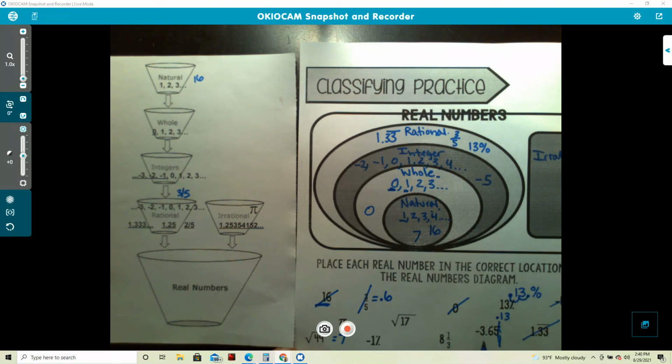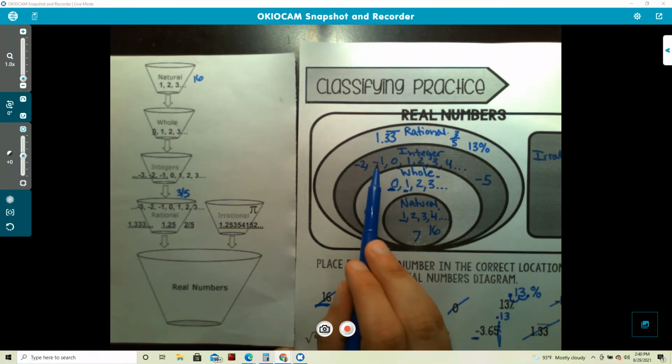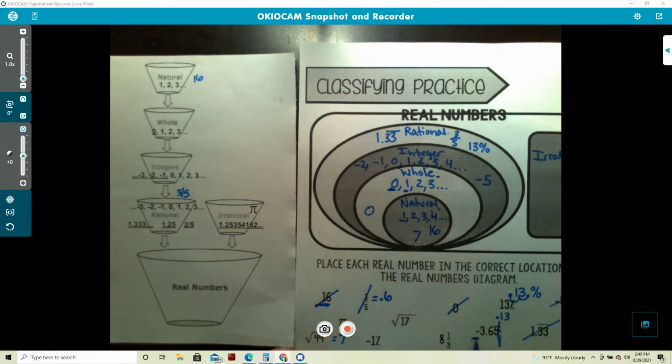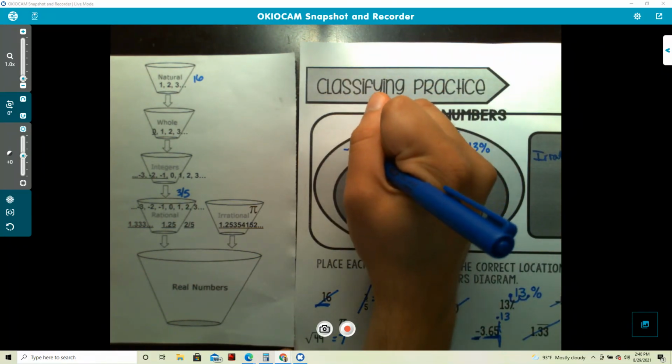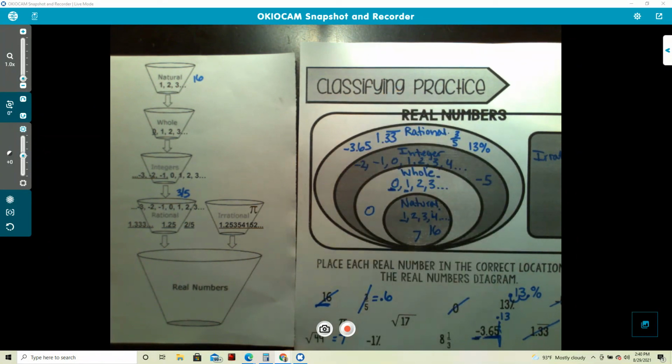Notice that even though it is negative, it's still not an integer. So don't confuse that. Just because there's a negative sign doesn't necessarily mean that it's an integer. You have to go by, is it a whole number or does it have a decimal? Is it repeating? Something like that. So negative 3.65 would land in the rational section.